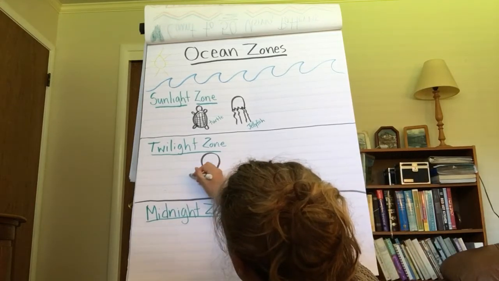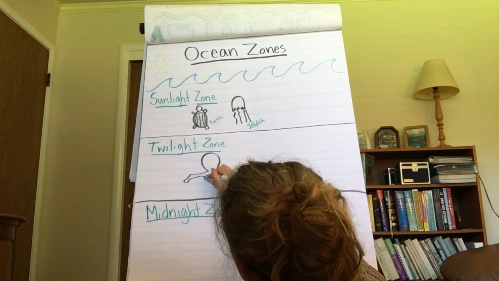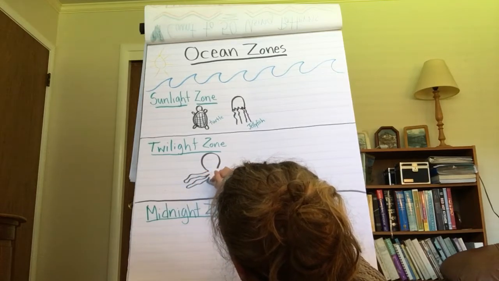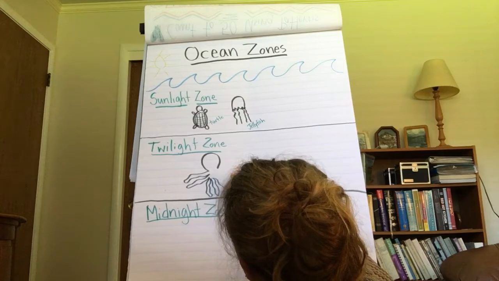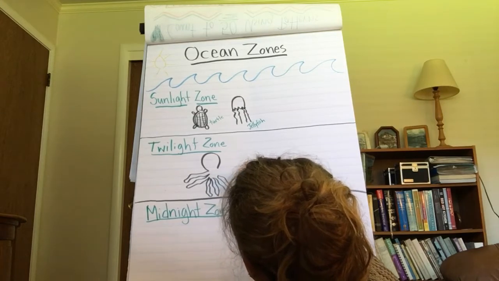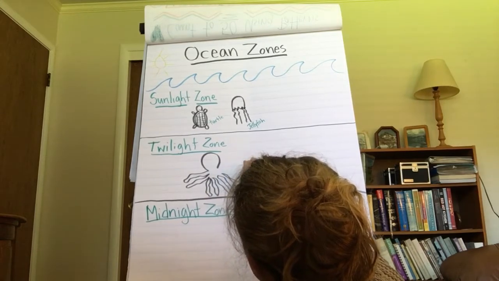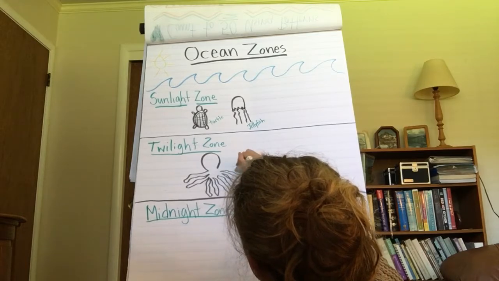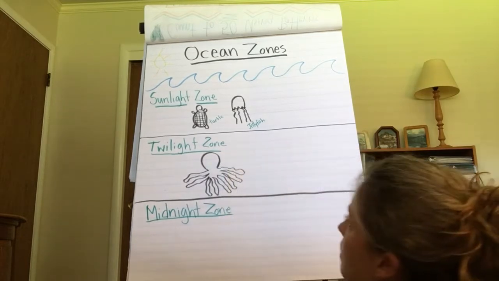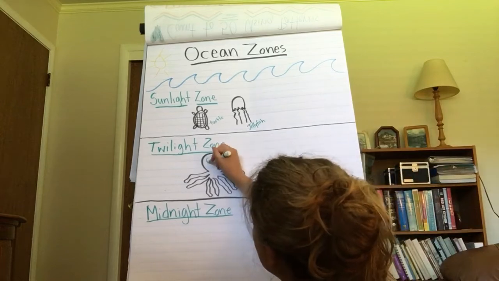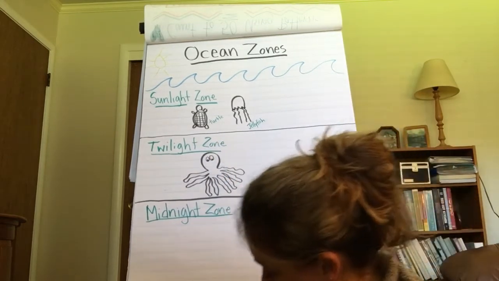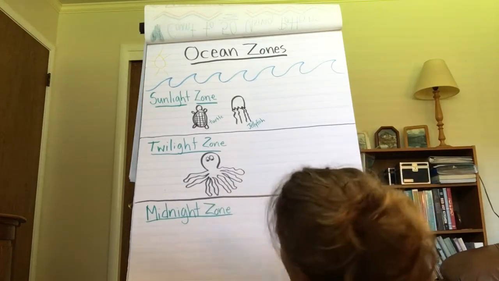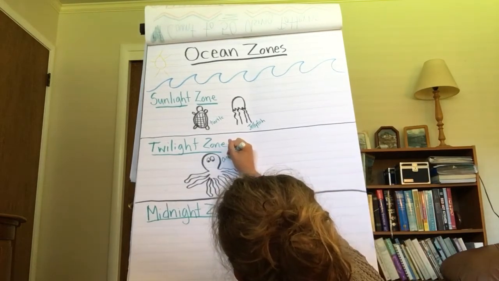So I'm gonna try my best. 1, 2, 3, 4, 5, 6, 7, 8. Whew, I'm gonna give them some eyes too. So an octopus often lives in the twilight zone.